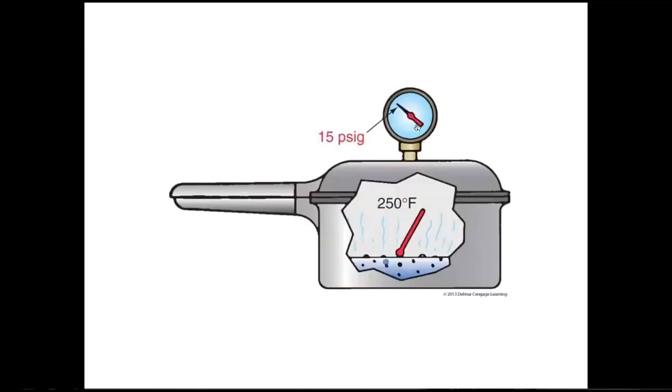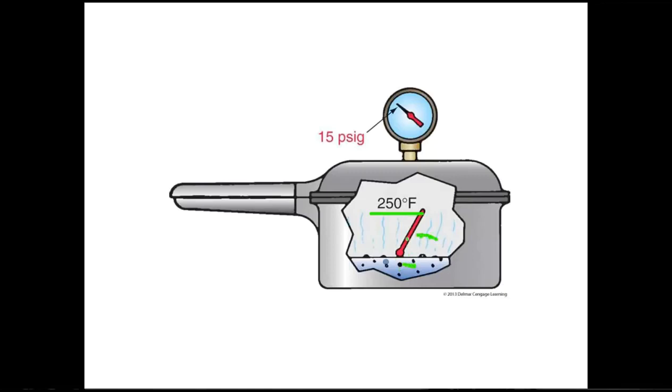So at 15 psi in a pressure cooker, water doesn't change state until it hits the 250 degree Fahrenheit range, and that's when it hits saturation, where both liquid and vapor are present.